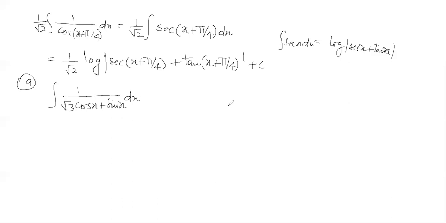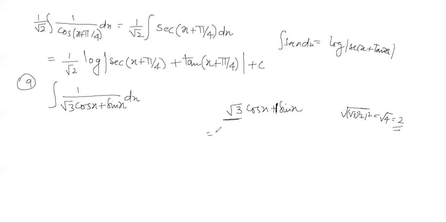So what will I do? We have root 3 cos x plus sin x, right? The coefficient of cos x is root 3 and the coefficient of sin x is 1. On squaring root 3 squared plus 1 squared and taking the root, we will get 2, right?